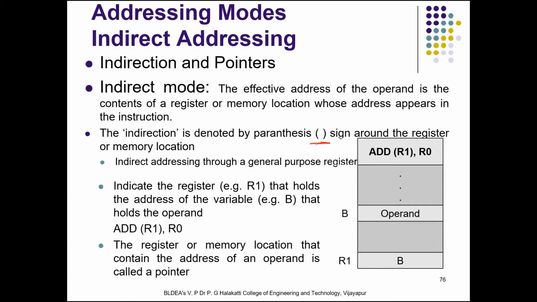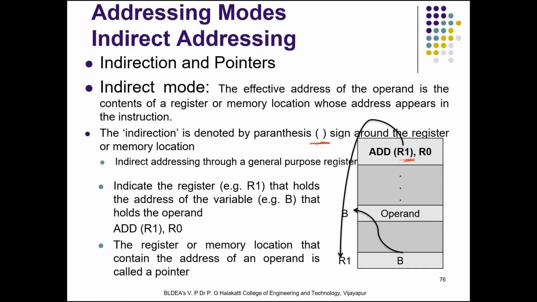As you can see here, the register R1, which is shown in parentheses, holds the address of the variable B that holds the operand.